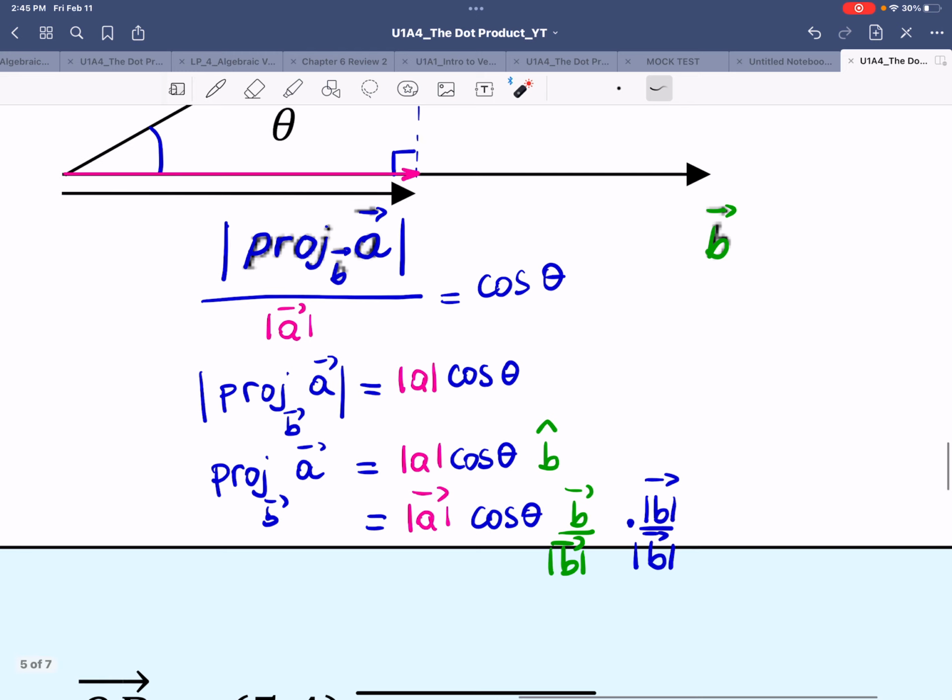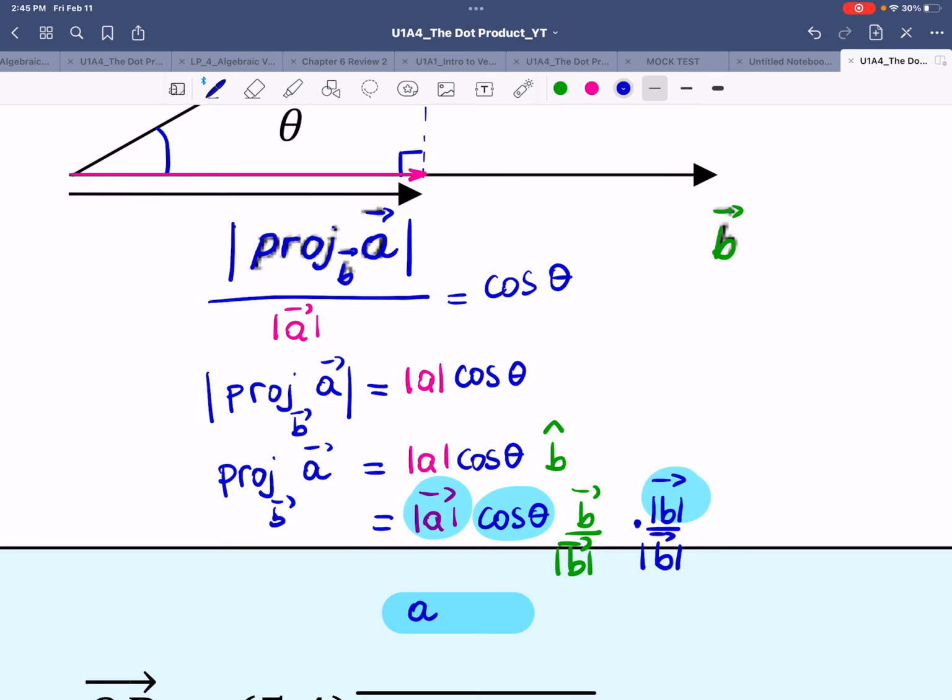And here is the reason why we want to do this. You see that here we have A, we have cos theta, and we have B. So magnitude of A, cos theta, and magnitude of B together will give A dot B.